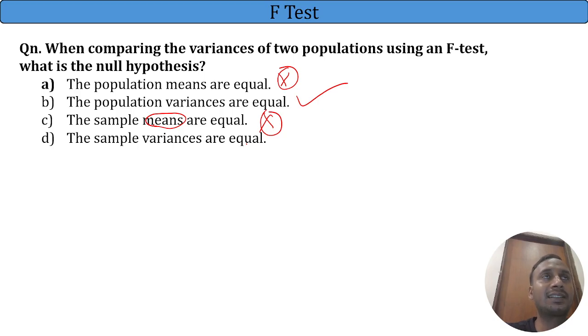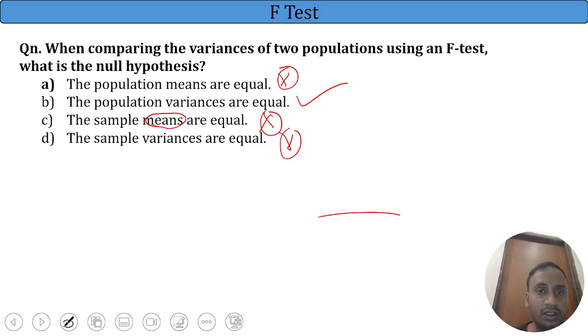Once we take the sample, it's our statistic, so we can't state our null hypothesis in terms of a statistic. In our actual case we have the population, and the population variance should be the same. But when we took the sample, that is what we need to check. So that can't be the null hypothesis, so this also can't be the answer.